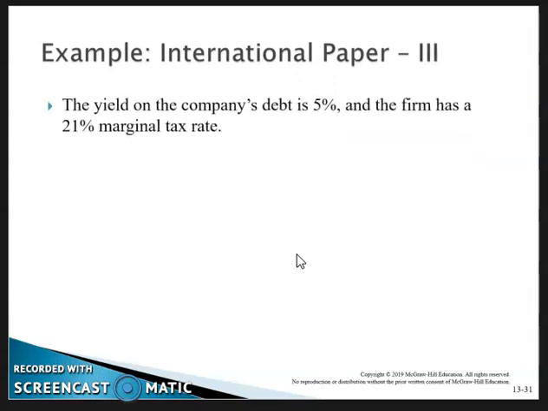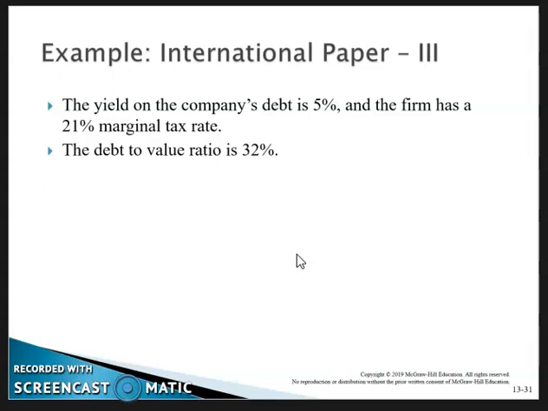The yield on the company's debt is 5%, and the firm has a 21% marginal tax rate. The debt to value ratio is 32%. I would also call this the debt ratio.